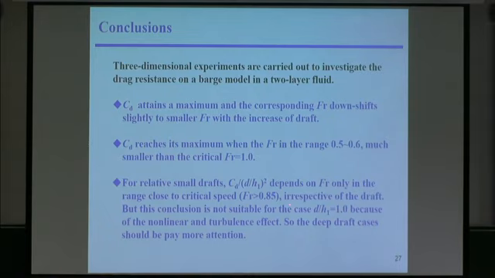But this conclusion is not suitable for the deep draft case, for this experiment with draft 1.0, maybe because of the strong nonlinear and strong turbulence effects. So the deep draft cases should be paid more attention. Okay, that's my topic. Thank you for your attention.